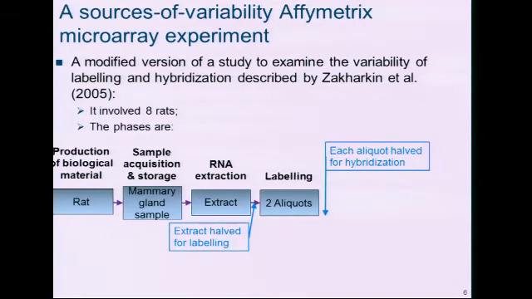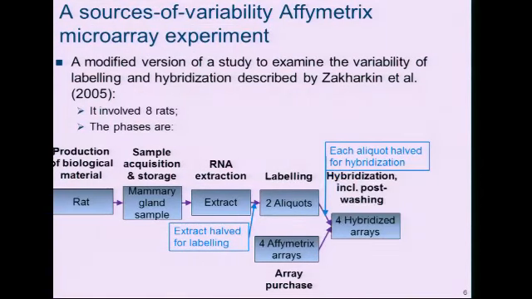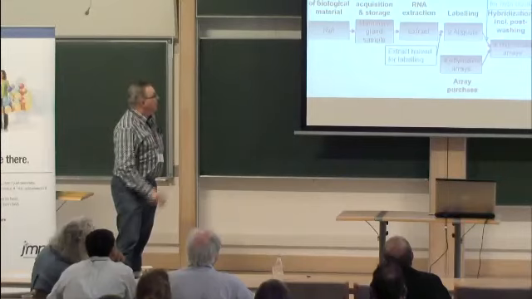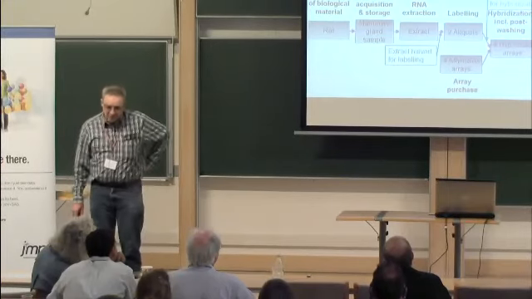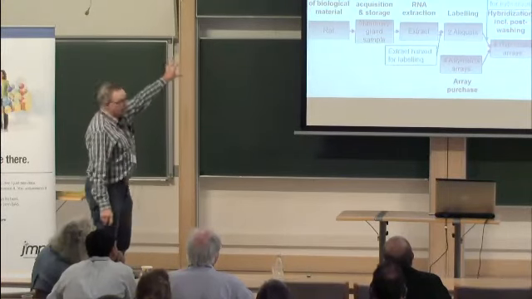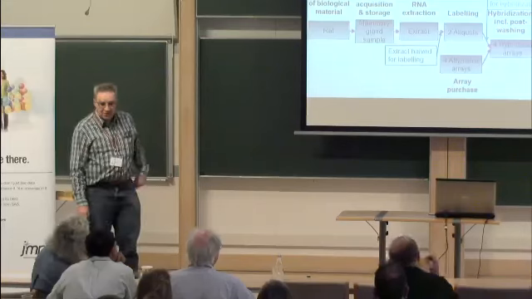So now they end up with 4 half aliquots to hybridise. They need 4 Affymetrix chips that they're going to purchase, and then they assign the 4 half aliquots to the 4 hybridised arrays, and then they scan those and end up with measurements that relate to each individual rat.